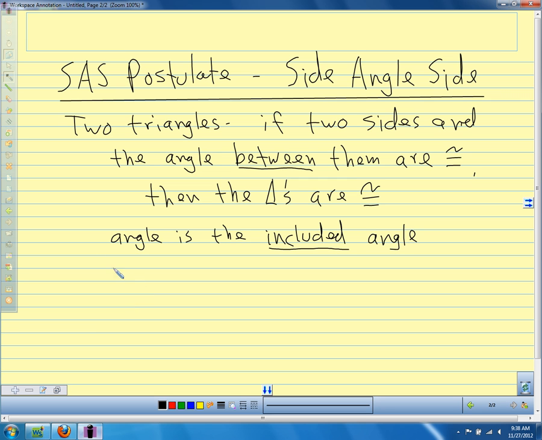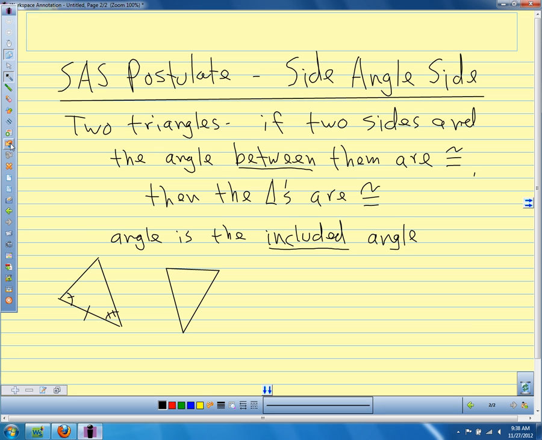And for our picture, our triangles in your little bubble, look like this. So for side angle side, we would have a side here, an angle here.